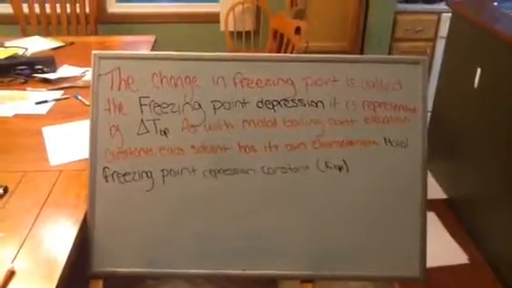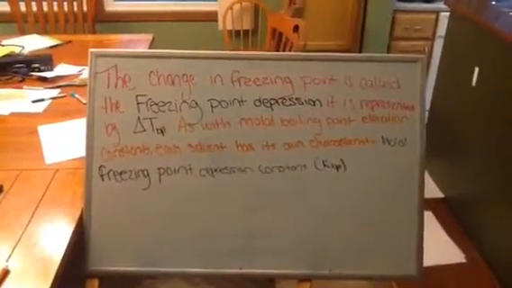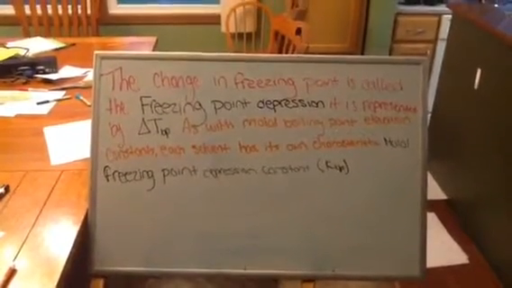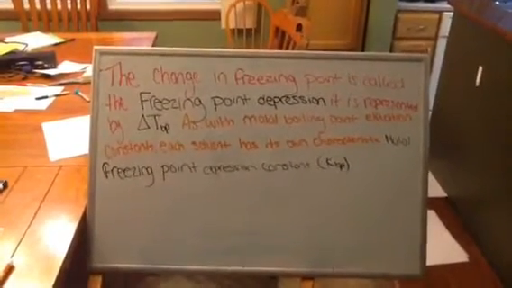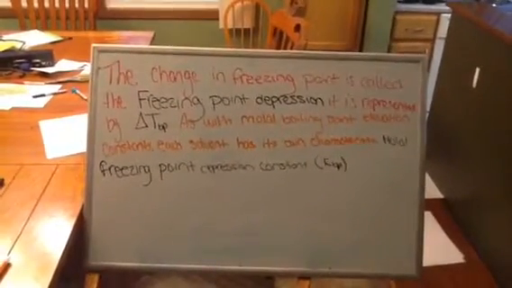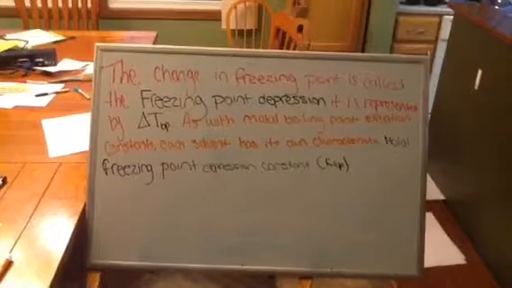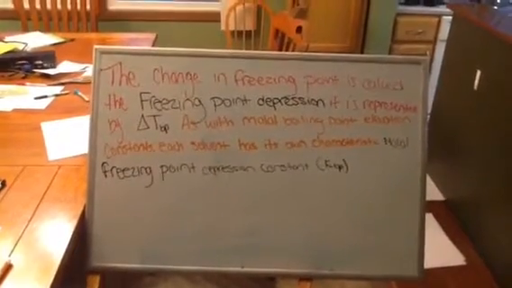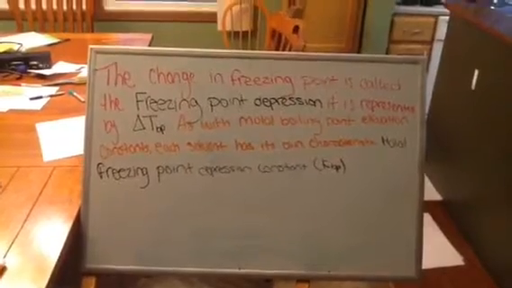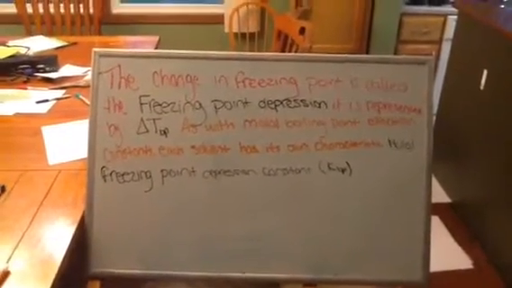The change in freezing point is called the freezing point depression. It is represented by delta, capital T, lowercase f, lowercase p. As with molar boiling point elevation constants, each solvent has its own characteristics. Molar freezing point depression constant is represented by the following: capital K, lowercase f, lowercase p.